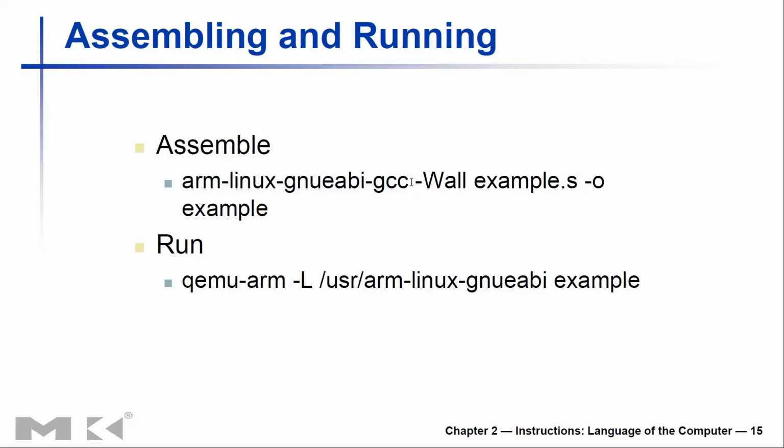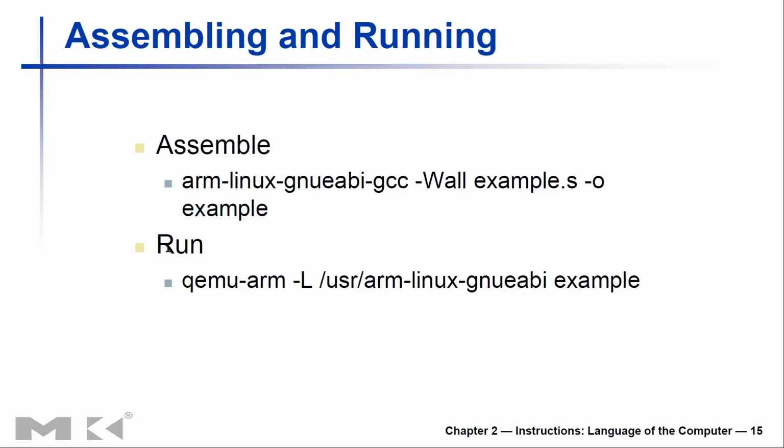When you are compiling a C program with GCC, you use -Wall to activate all the warnings, and then this is the source file. example.s is the file that contains our assembly program, and then -o example tells the name of the binary that it should generate. So example.s will be converted into machine code, and it will be put into the example file.